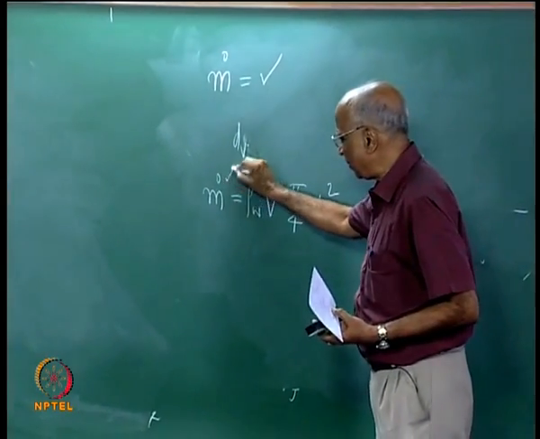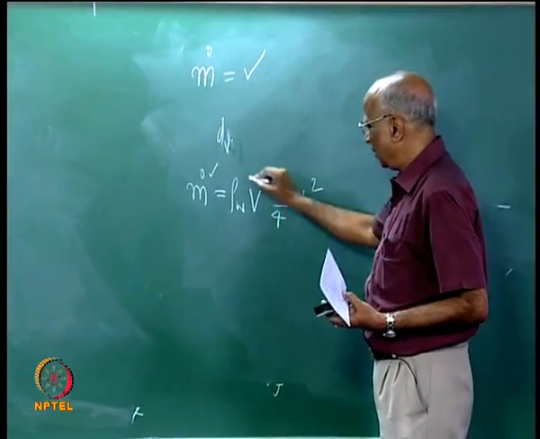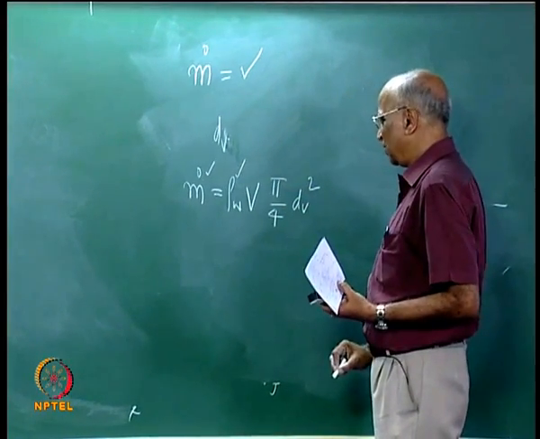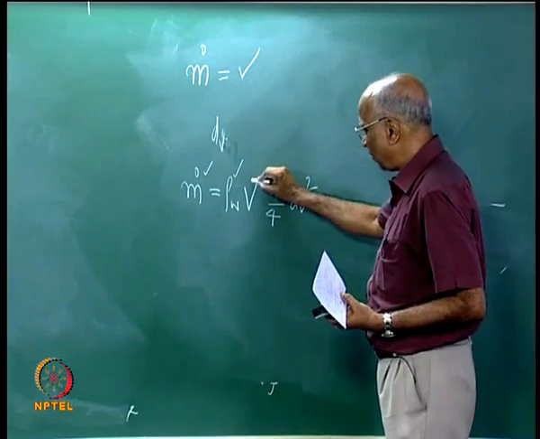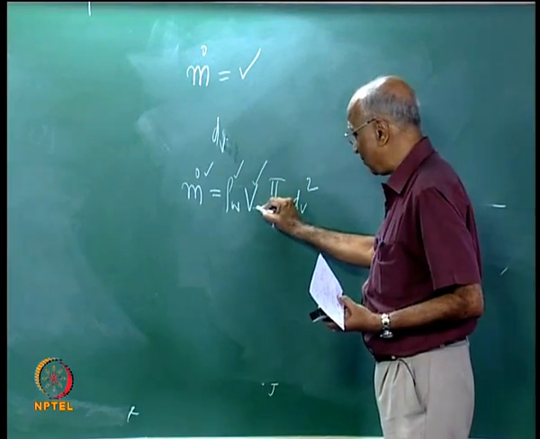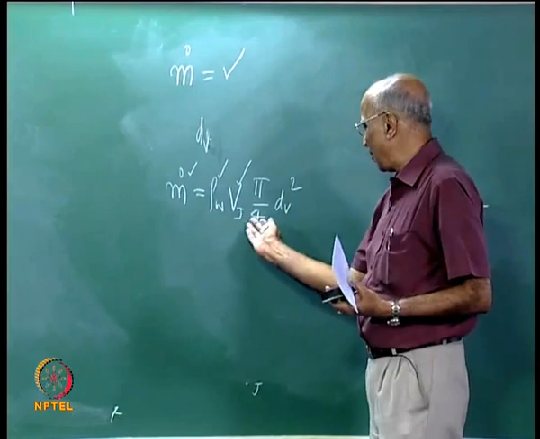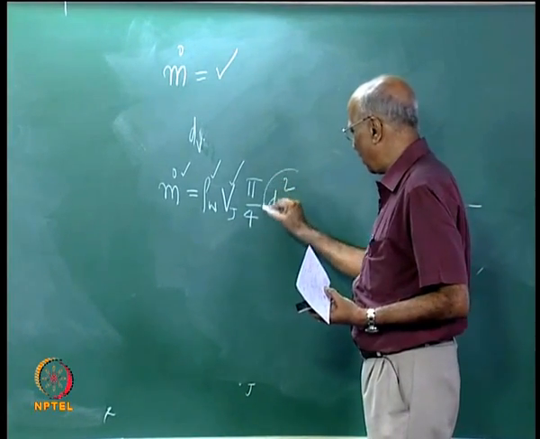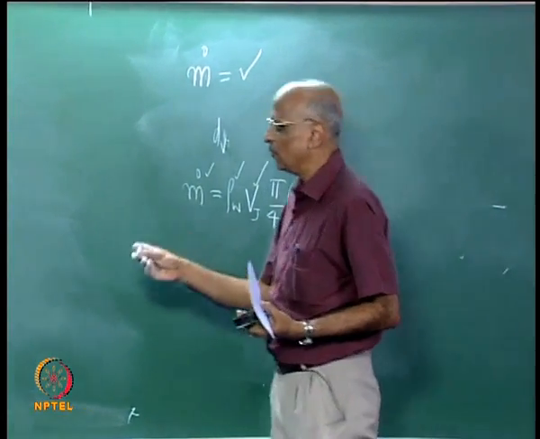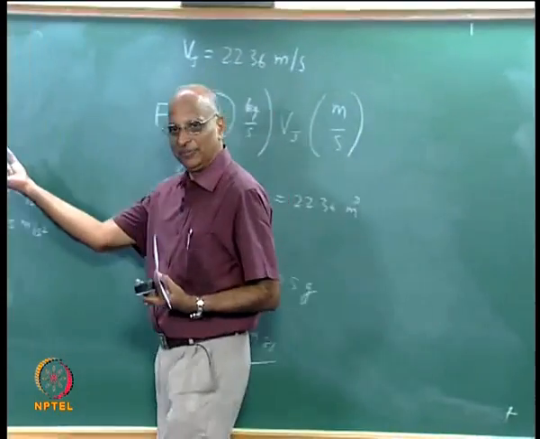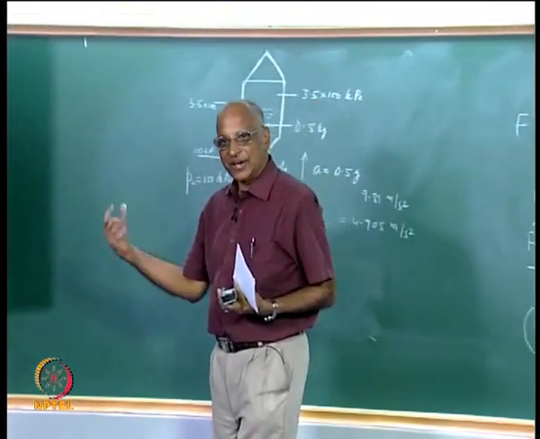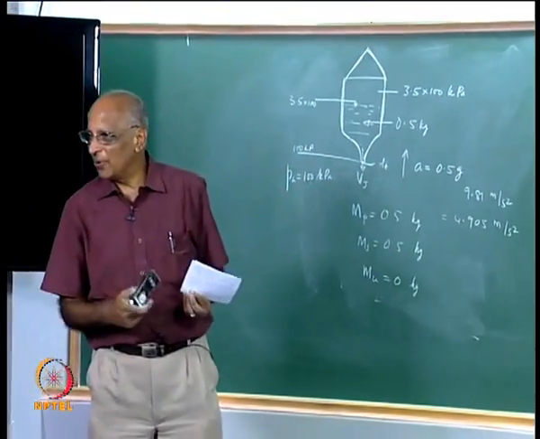You have already calculated the mass flow rate, density of water is 1000 kg per meter cube. You have calculated the Vj, this is the velocity with which the liquid is leaving, Vj into pi by 4 d squared, therefore the only unknown is d, and this is how you design the vent diameter. I think I will leave it as a carry over homework for you all.